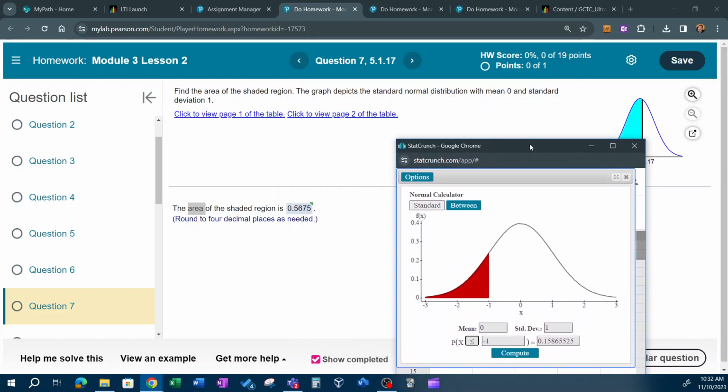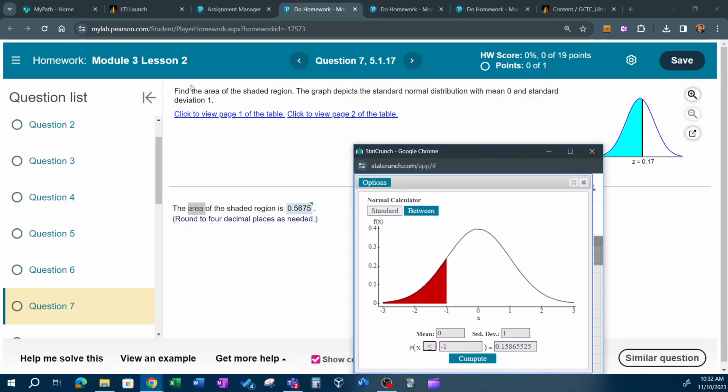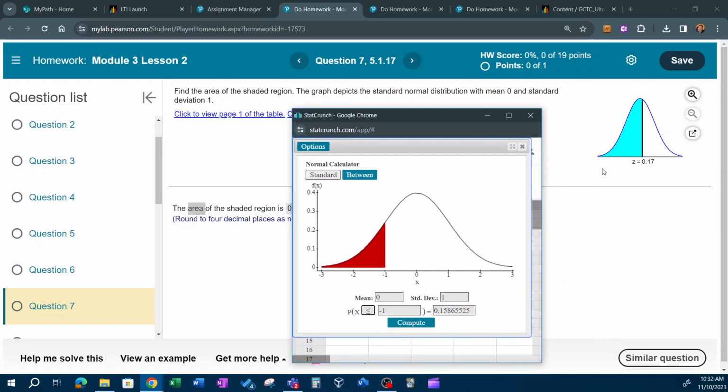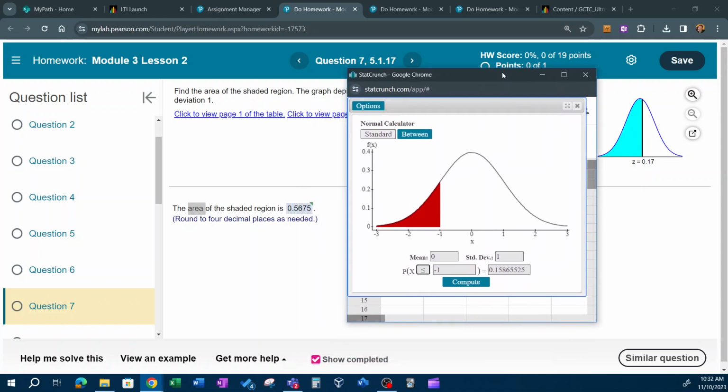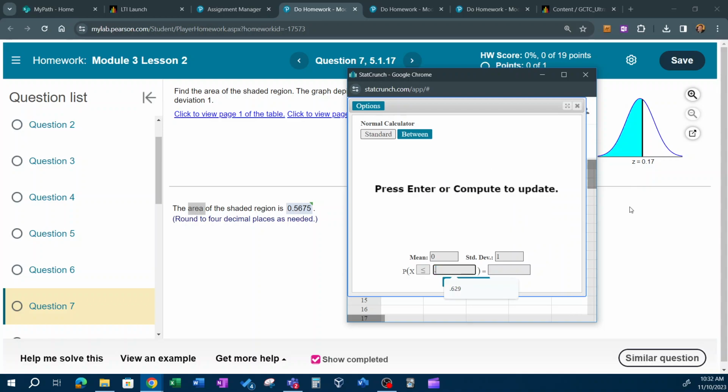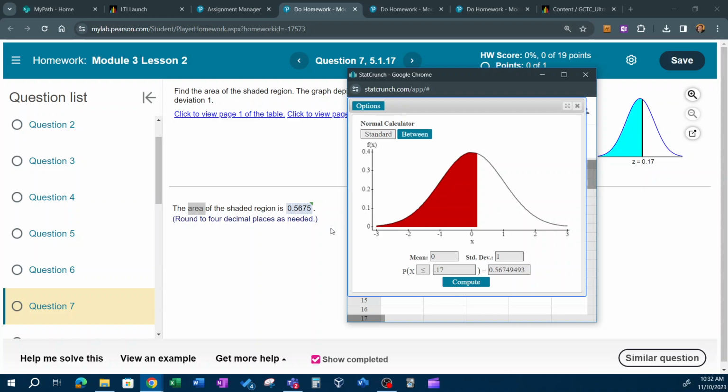Let's look at this. It says find the area of the shaded region. The boundary in this problem is z is equal to 0.17, and the region is to the left. The shaded region is to the left, so I'm going to keep that to the left. I'm going to put in 0.17, and the area then is 0.5675, all right?